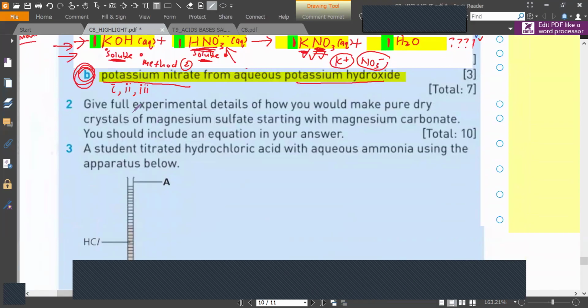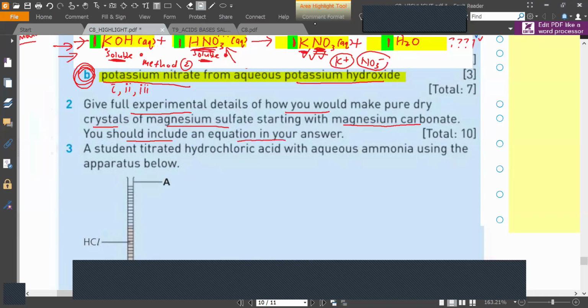Let's look at question 2. Give full experimental details how you would make pure dry crystals of magnesium sulfate starting with magnesium carbonate. You should include an equation in your answer.